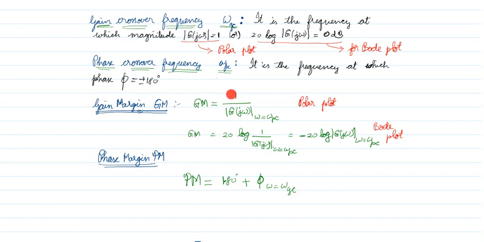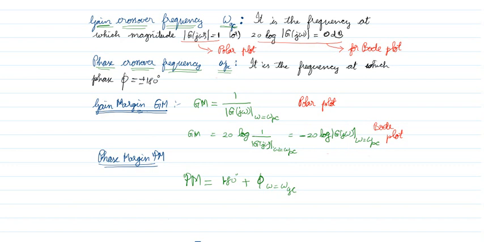We get the gain margin. Or else in a Bode plot, you just find the magnitude at omega PC and put a minus sign before it. First find the phase crossover frequency, then take 20 log magnitude at phase crossover frequency and put a minus sign. That's it.